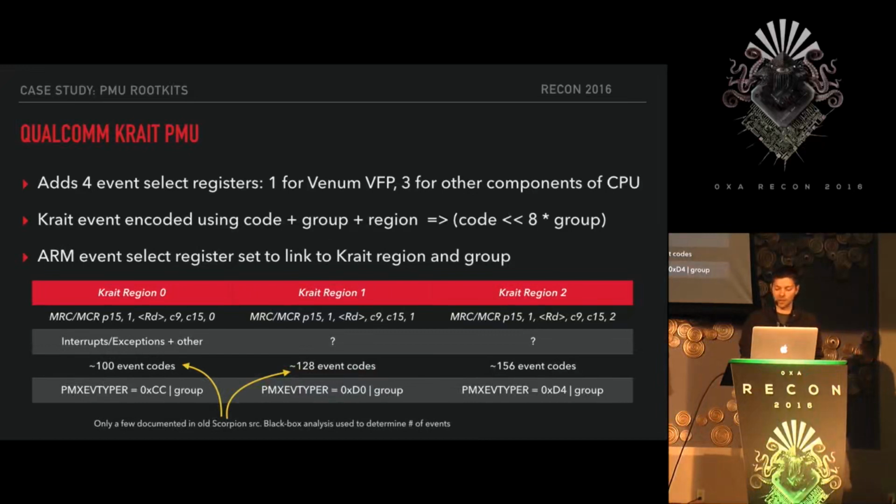So in this table at the bottom, we see 3 different regions, how we can read and write to them. You can find some documentation on event codes from some really old Scorpion source, but to come up with these event code numbers, I had to do a little bit of black box analysis.